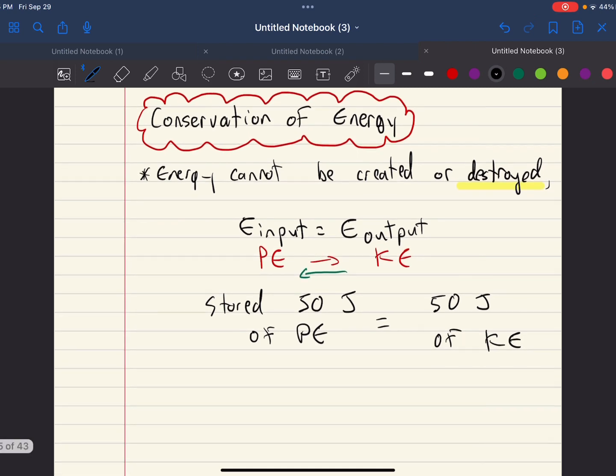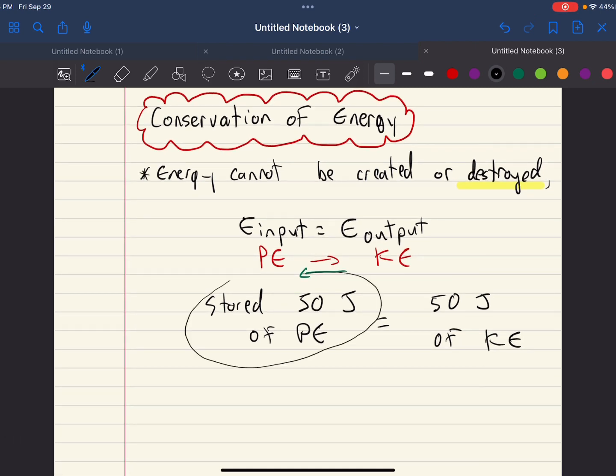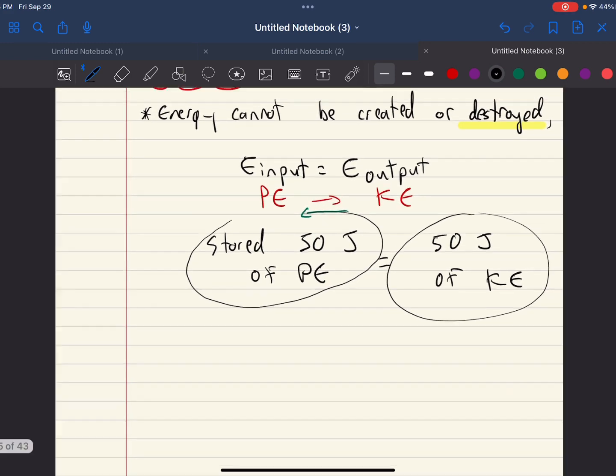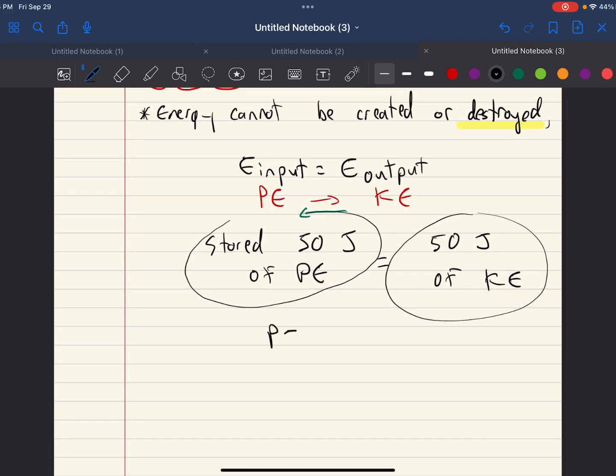And so because of this, and this is a principle of thermodynamics, we could say that the potential energy, and we don't even have to say the initial, because it's not always going to be the initial, is equal to the kinetic energy.